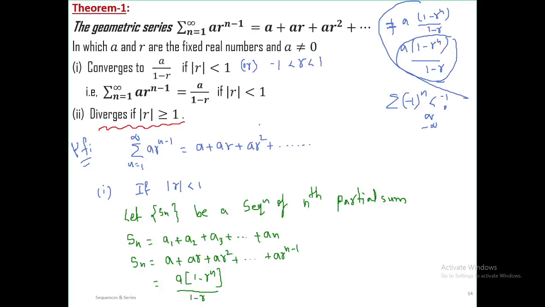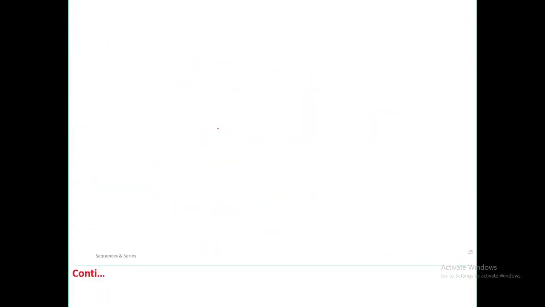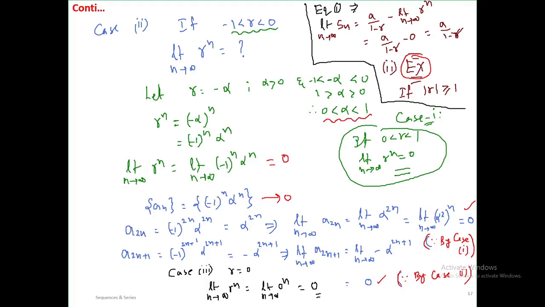If modulus of r is less than 1, the series converges to a by 1 minus r. Just now we proved it. So the limit value I got, the sequence of nth partial sums Sn converges to a by 1 minus r. Therefore the corresponding series also converges to a by 1 minus r if modulus of r is less than 1.